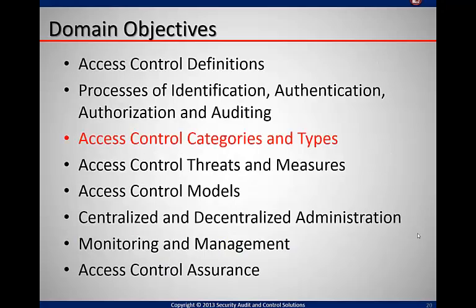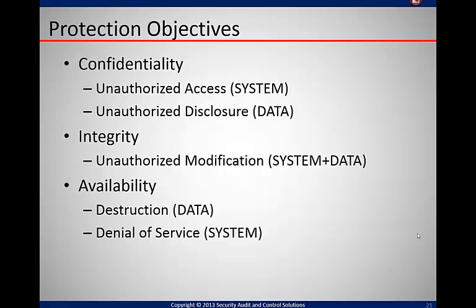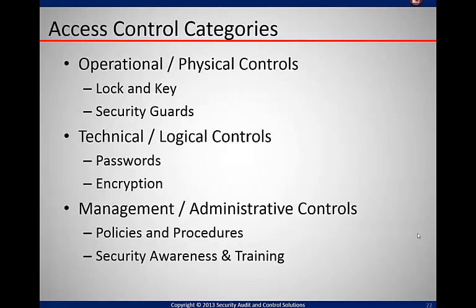Looking at access control categories and types, the objectives are to make sure of the confidentiality, the integrity, and the availability of systems and data. We have to protect the information against threats such as unauthorized access, unauthorized disclosure, unauthorized modification, destruction, and denial of service. Now, there are operational or physical controls such as locks and keys and security guards.